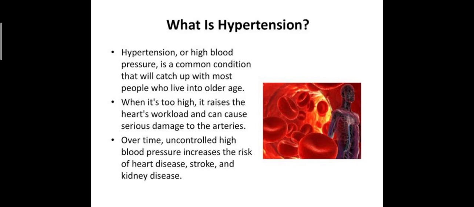In the arteries of a person with hypertension, unnecessary tension develops, so the heart needs to perform more function than in the normal condition. Both systolic and diastolic pressure are high in hypertension. When it's too high, it raises the heart workload and causes serious damage to the arteries. Over time, uncontrolled high blood pressure increases the risk of heart disease, stroke, and kidney diseases also.